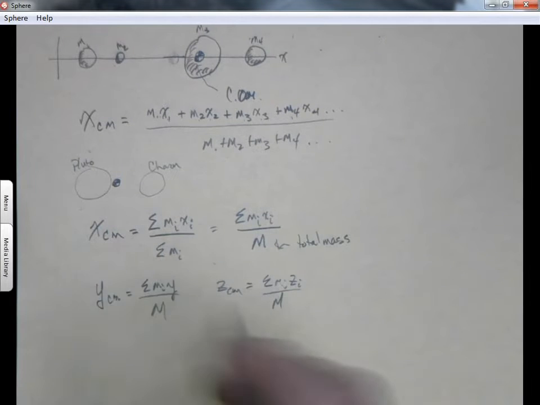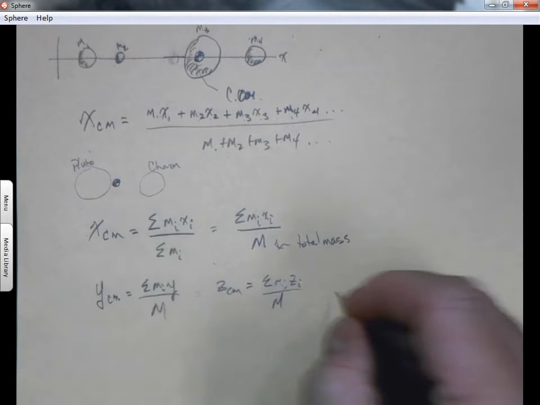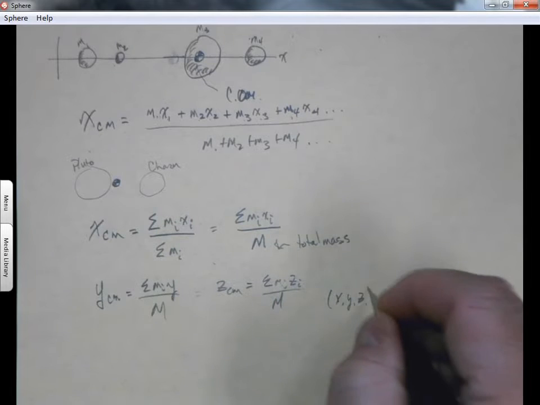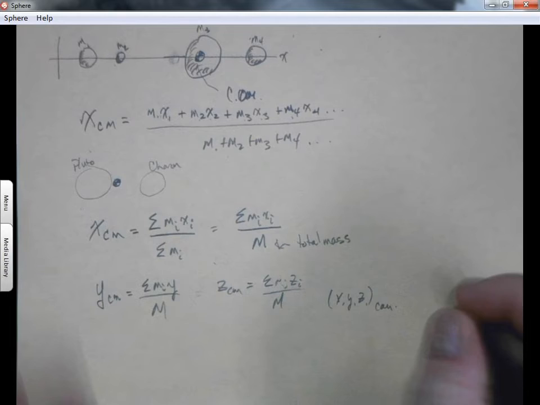Well, this gives us an x, y, z of the center of mass.